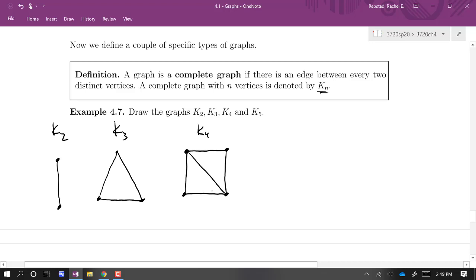I can draw that edge, and I can draw that edge. And those are all the edges that can be drawn. And then K5, I need 5 vertices. And then I'm going to draw all possible edges. And there's K5, the complete graph with 5 vertices.